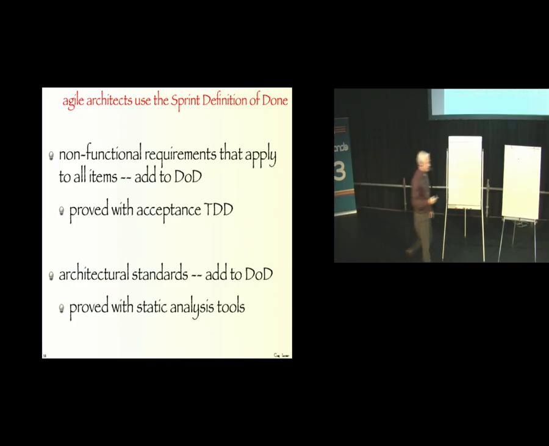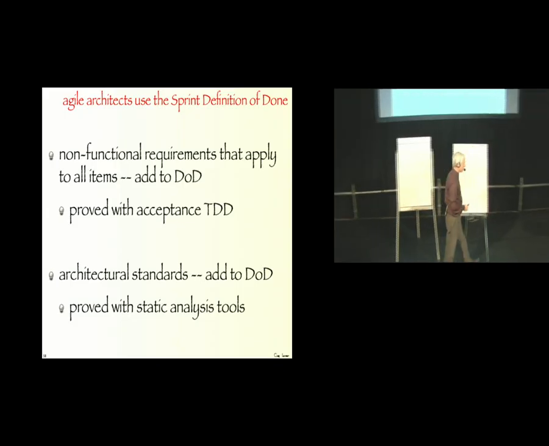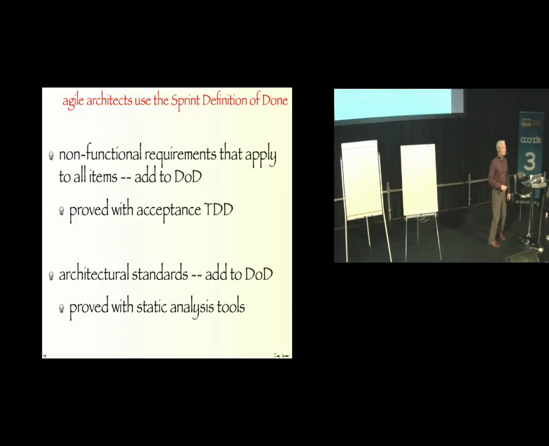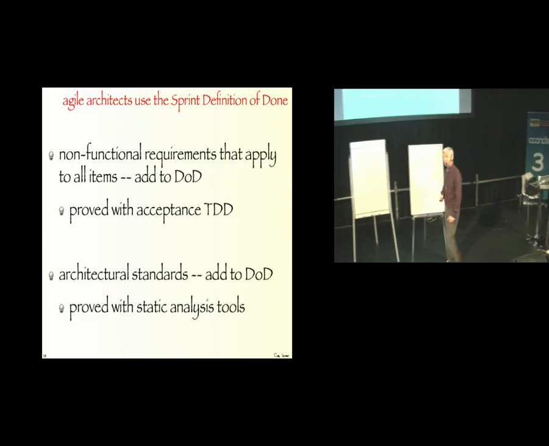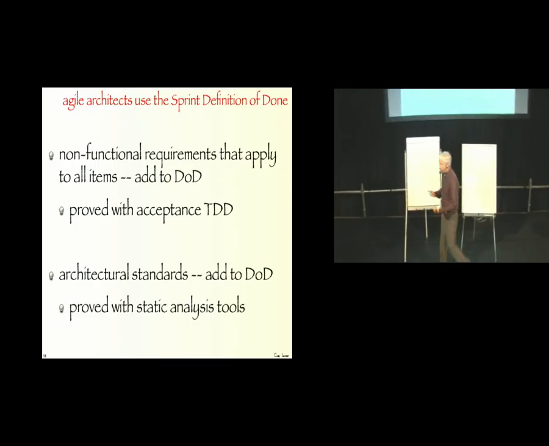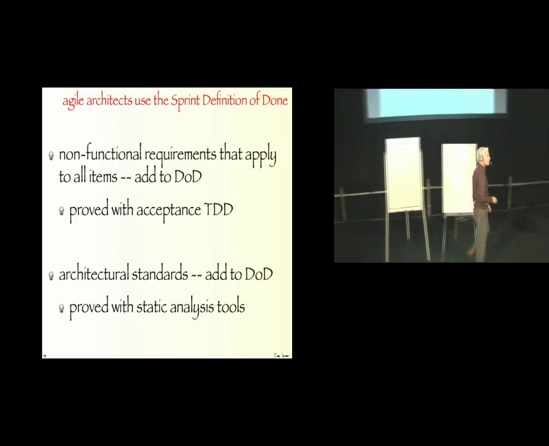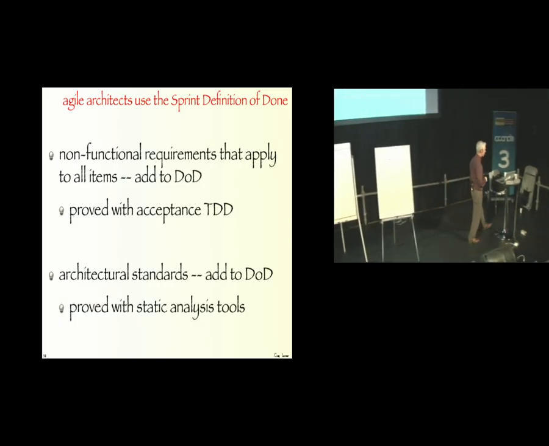So you can actually say officially in the sprint definition of done, done implies that the reliability tests are passing, or done implies that the usability tests are passing. Now, some of those could be automated, some of those might involve human testing, but by adding these to the sprint definition of done, we raise the architectural concerns to a more visible level.